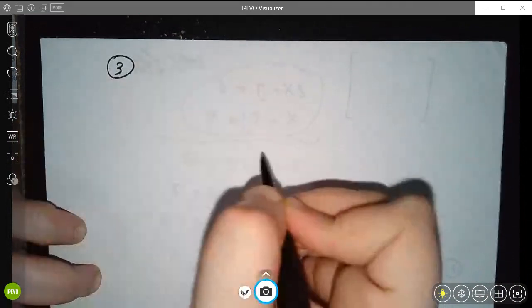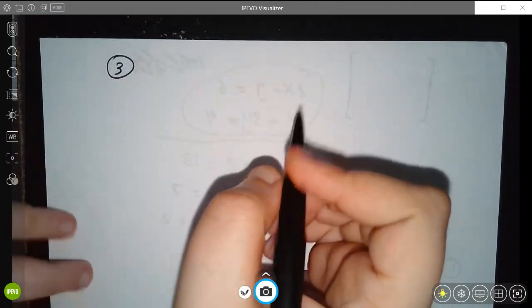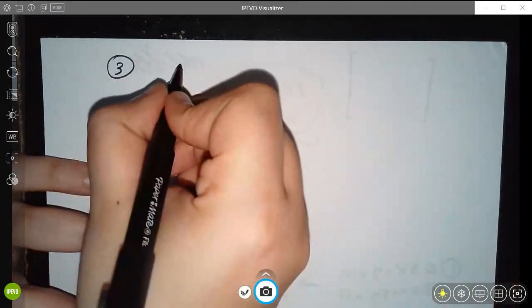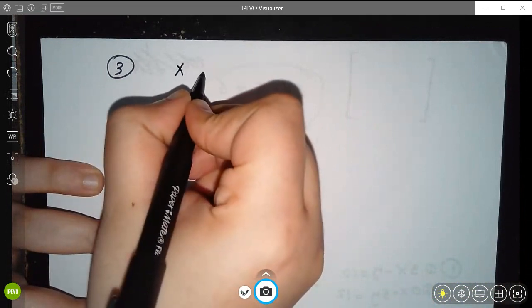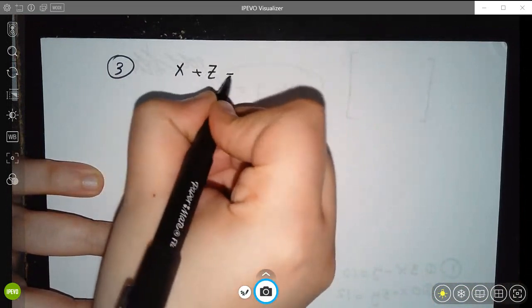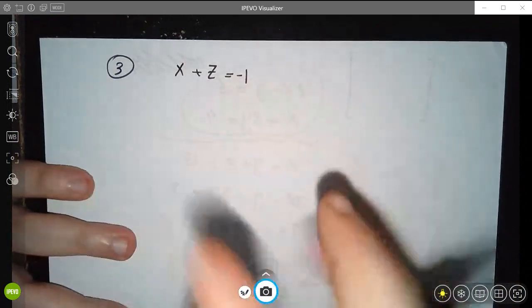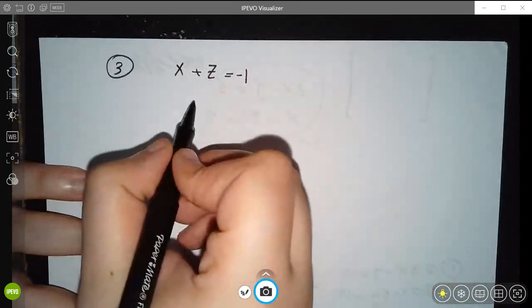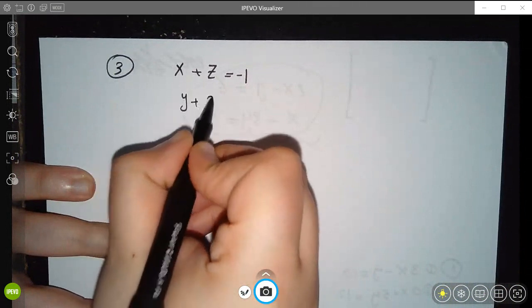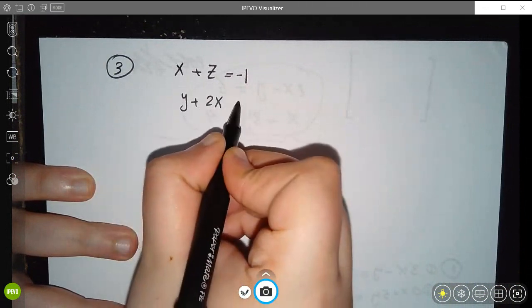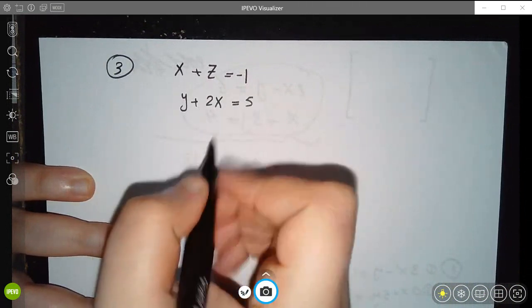All right. Now let's do example number 3. Here you go. Now this one, you're going to have a little more fun. First equation says x plus z equals negative 1. That's the first one. Second one, it says y plus 2x equals 5.